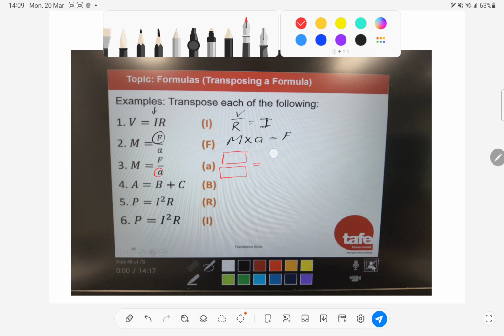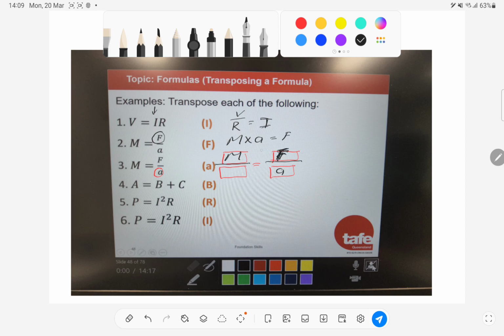You'll recognize this from the video that I've made before. All right, currently I've got M, I've got F, and I've got A.